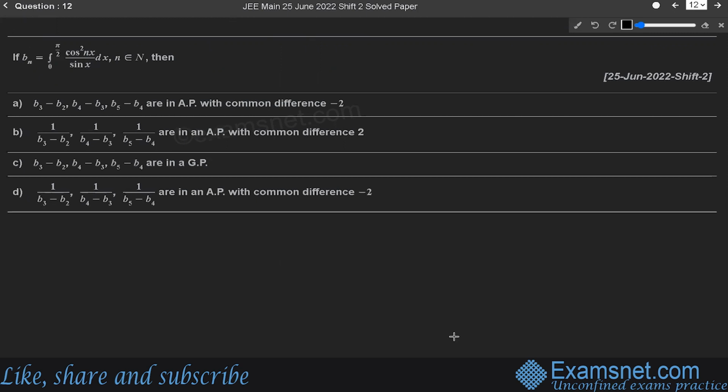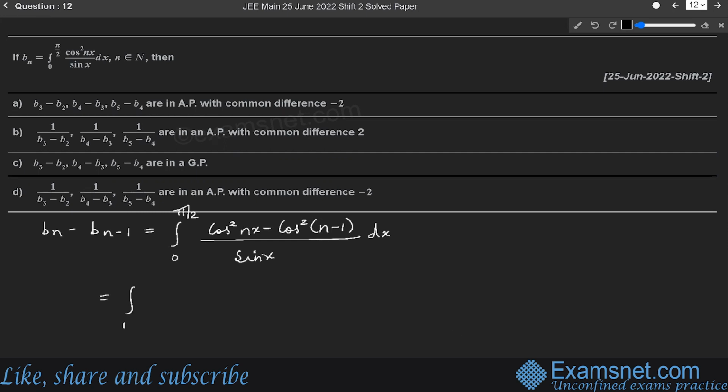Next question is, if Bn is equal to the integral from 0 to pi by 2 of cos square nx upon sin x dx, where n belongs to natural numbers, then this equation can also be written as Bn minus 1 is equal to the integral from 0 to pi by 2 of cos square nx minus cos square n minus 1 x divided by sin x dx.